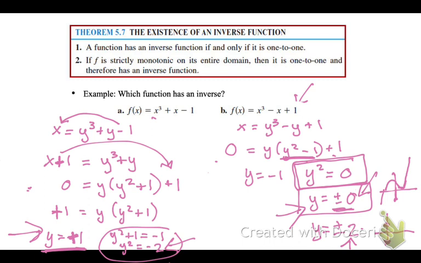An even root. So when I have an even root in my inverse, is it going to be 1 to 1 then? No, because it's not going to pass that horizontal. So this one might look like this. That would definitely not pass the horizontal, would it? No.